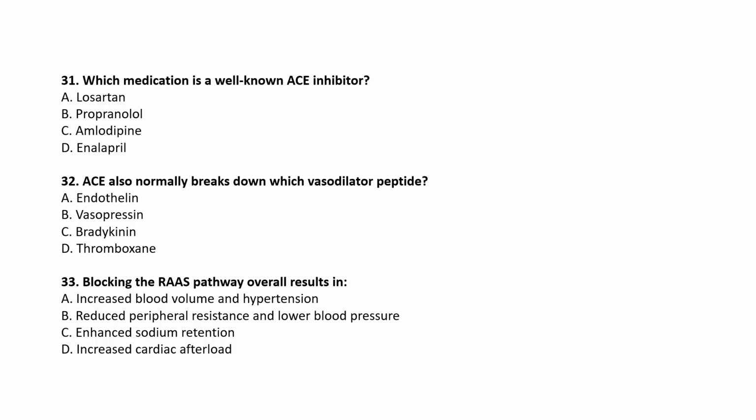So now I think it is clear that the purpose of the RAS pathway is to increase blood pressure. So if you block it, then it's option B: you reduce peripheral resistance and lower the blood pressure. That's what a lot of these inhibitors, like ACE inhibitors and losartan, do.